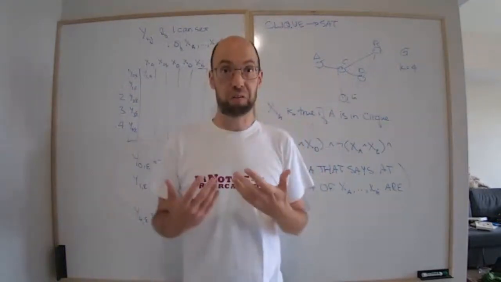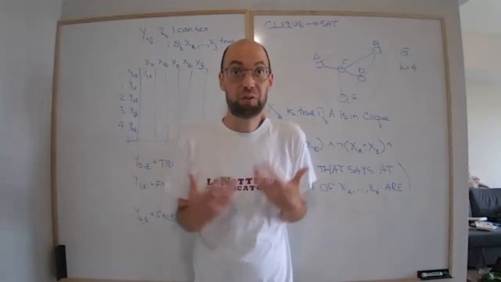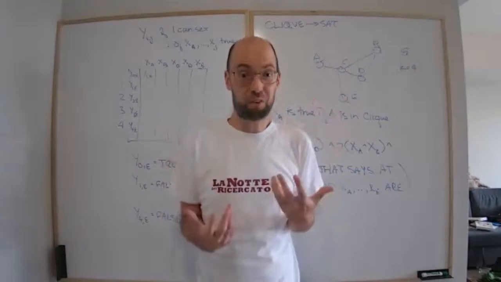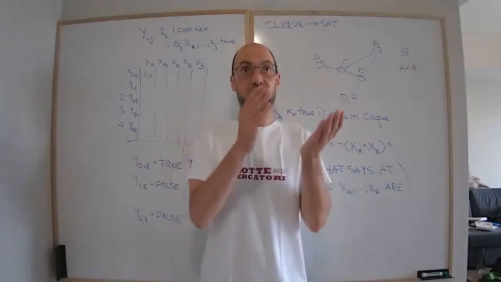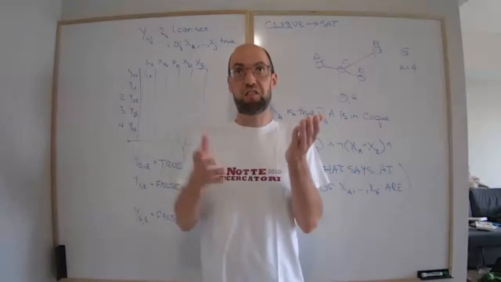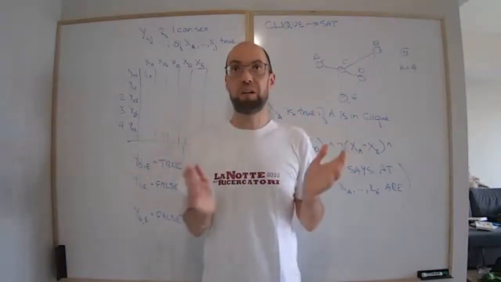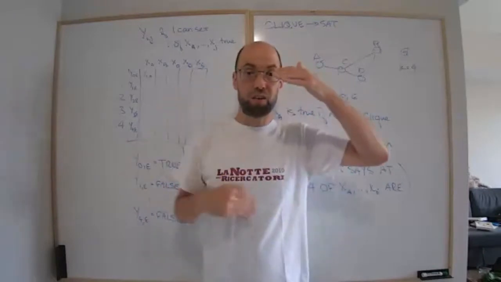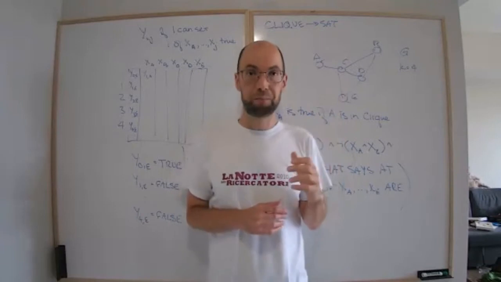It's like a counter. But I can't just write a counter. I have to write this in propositional logic. And I can't just enumerate like xa, xb, xc, xd are true, xa, xb, xc, xe are true. I can't just enumerate all the possible subsets. I can in this case because it's very small.